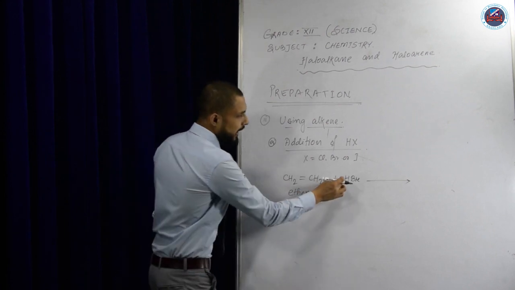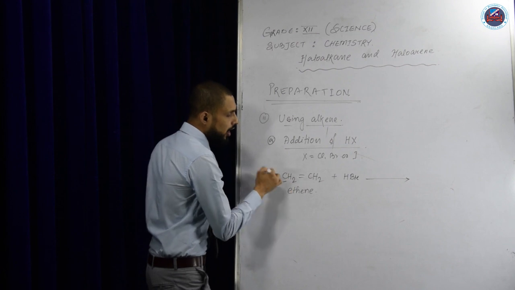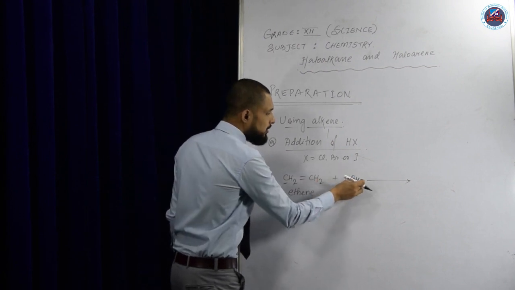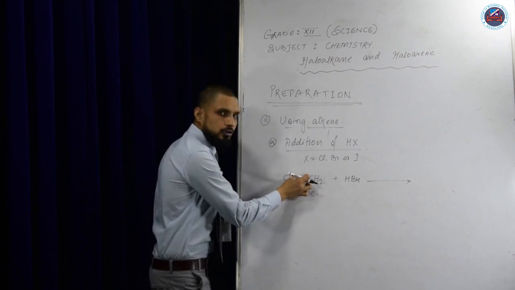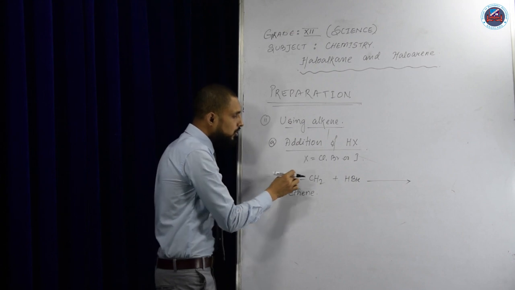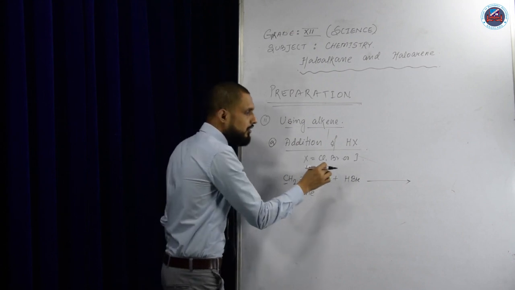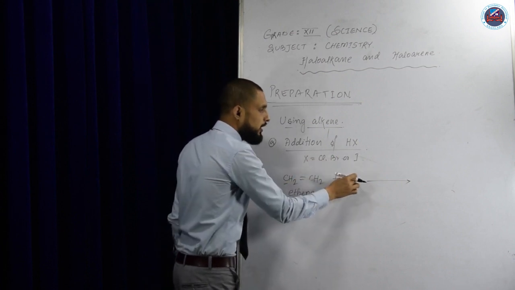Now when we add HBr, hydrogen bromide, to ethene, one of the carbons will take hydrogen and the other carbon will take Br. So this pi bond will be removed and both the carbons will get H and Br. That means one of the carbons will get hydrogen and the other carbon will get Br.